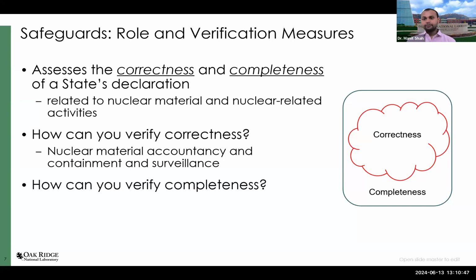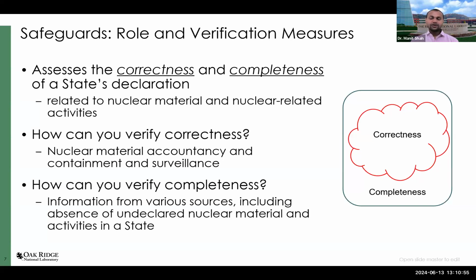In terms of verifying completeness, that's where the major effort lies, behind the scenes, where we rely on various sorts of information to form a bigger picture about the state, to verify the absence of undeclared nuclear material and activities in a state.